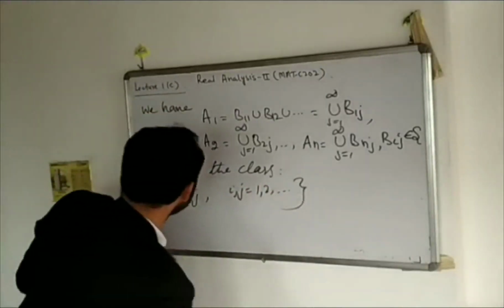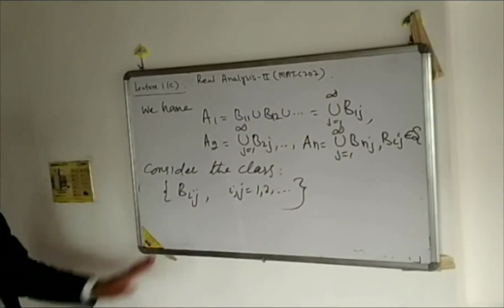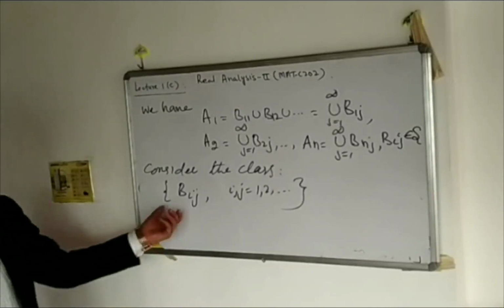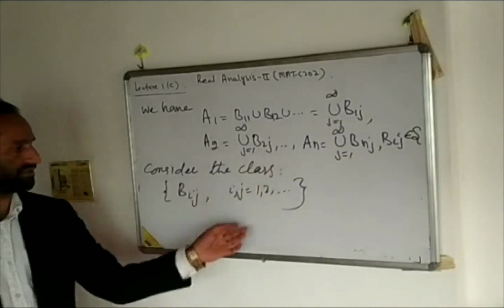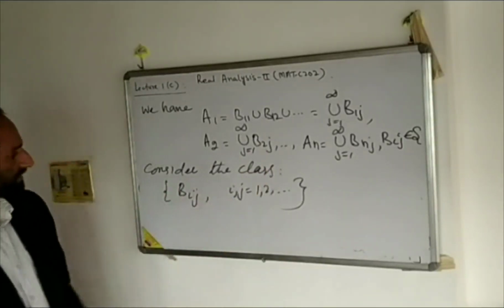These Bij's are members of S. And one more thing is that it's a countable class, because i runs from 1 to infinity and j runs from 1 to infinity. So therefore we can enumerate it.